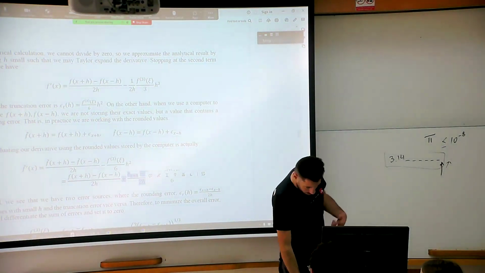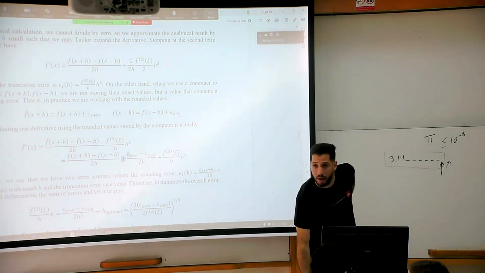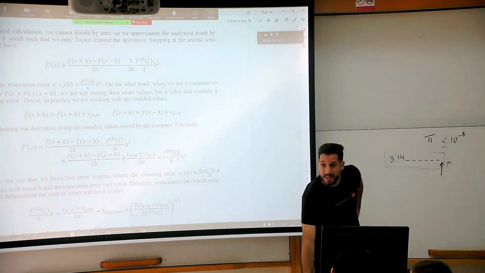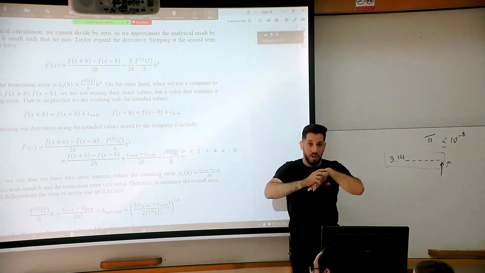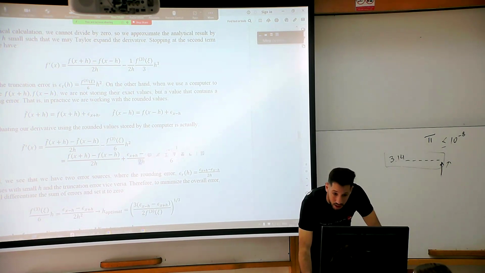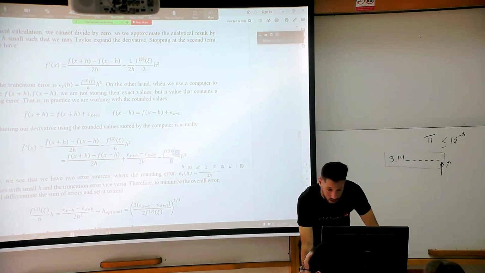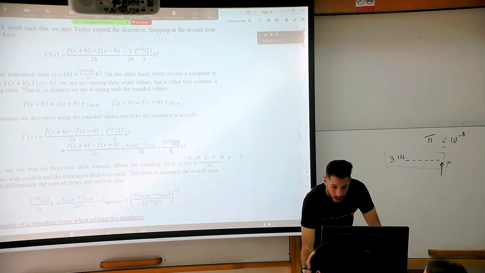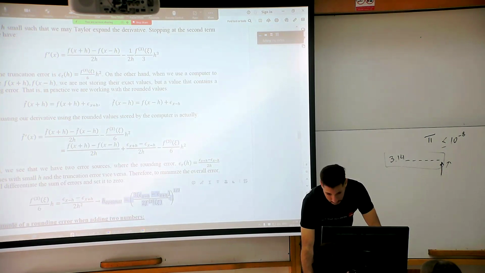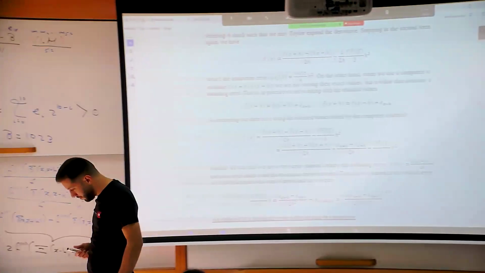And I will explain why. Here it is. So again, we have two errors. Let's take the optimal h to be the h that makes this equal to this, so that the total error is 0, and we find the optimal h. But what is the problem or the semi-problem with this?